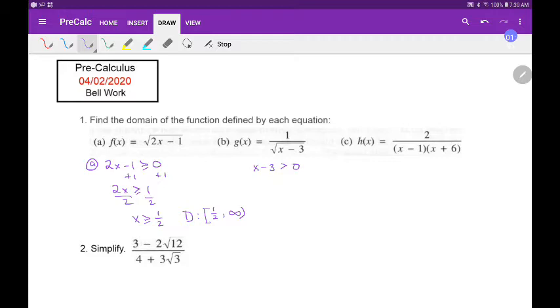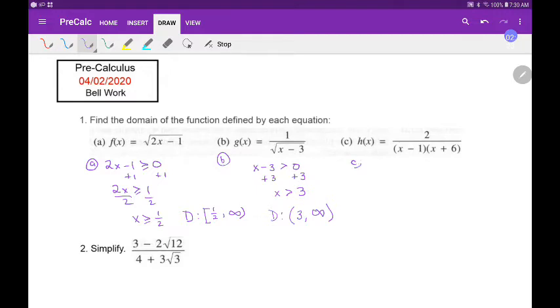Not negative and not 0 either. And so we'll say plus 3 on both sides, and we'll say x is greater than 3. But not equal to 3, because that would be bad. So we'll say the domain here is, so we're going to use a parentheses, 3, and go on up. Beautiful. Okay, so that's for B.